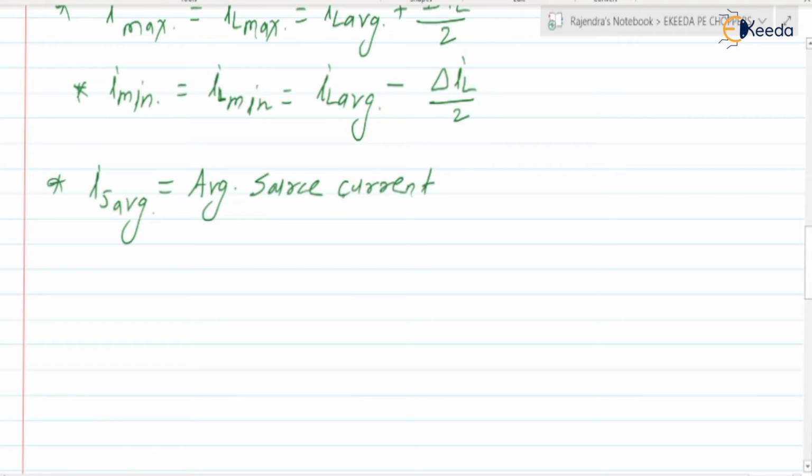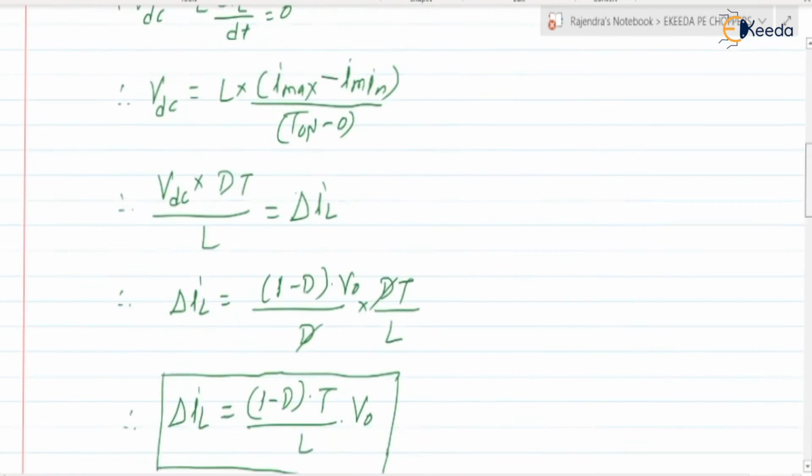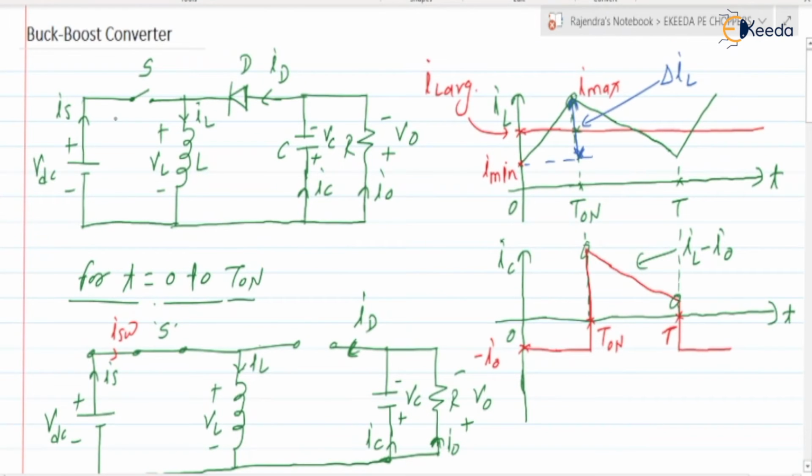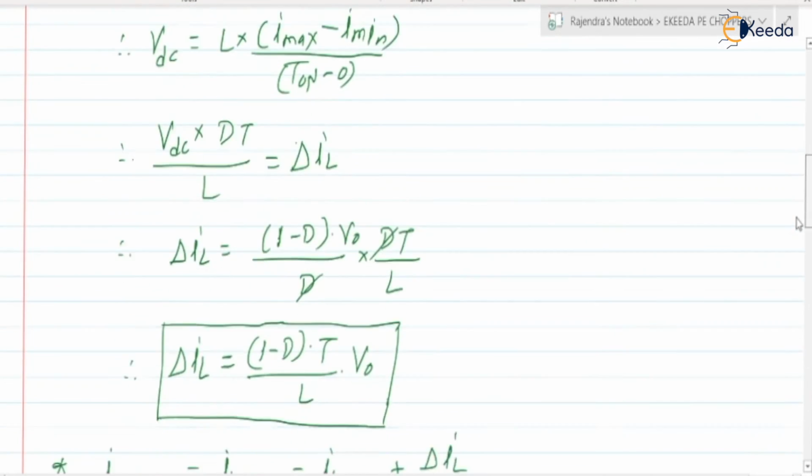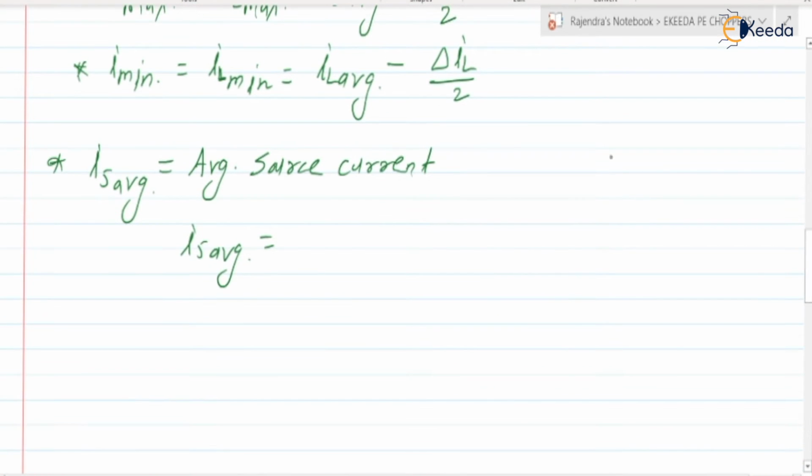If you check, when the switch is in the on state, IS and IL are both the same. When the switch is in the off state, IS will be 0. So roughly, can we draw the waveform for IS? Yes, it will be like this. Strictly speaking, this waveform should go from I min to I max.